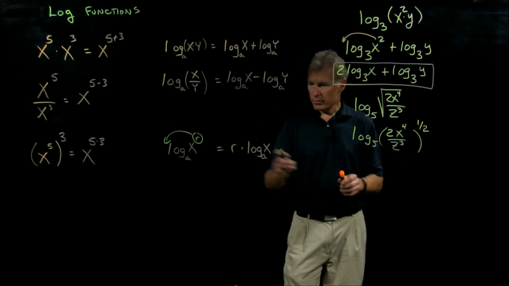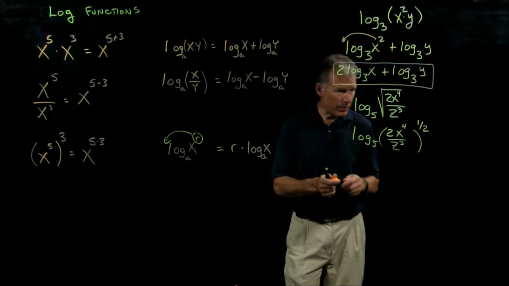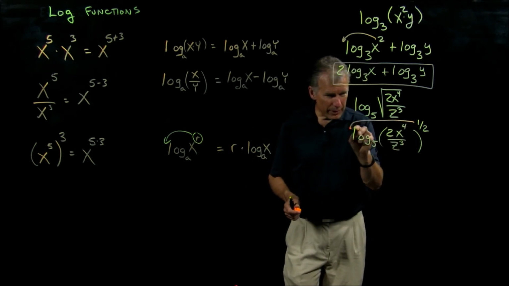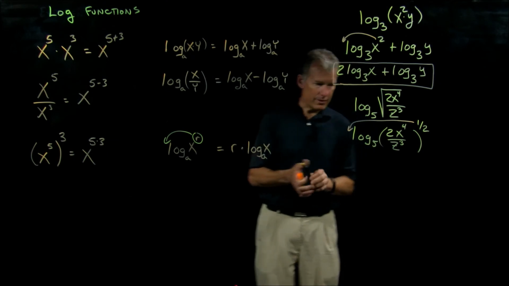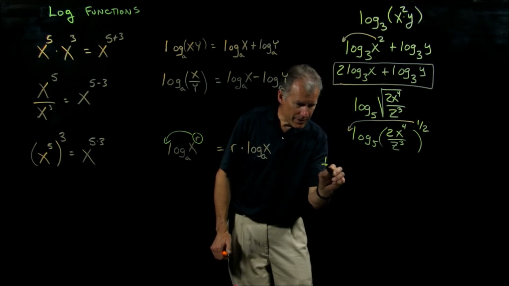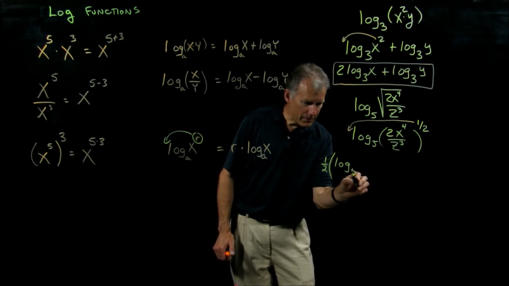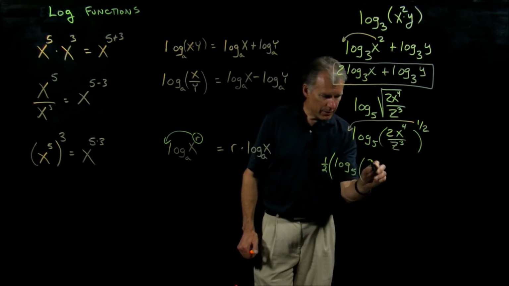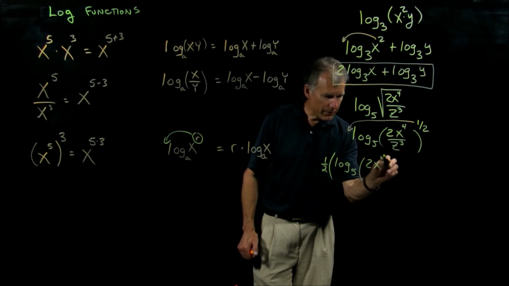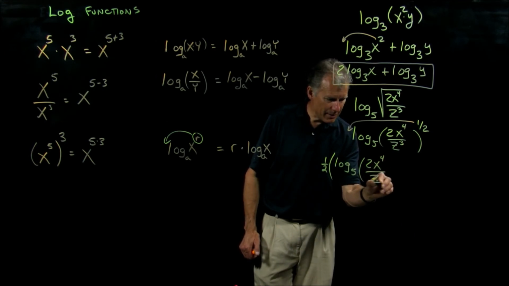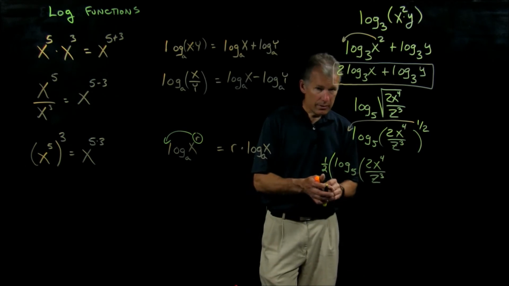Okay, so if we start off by using this log property here, I can bring that 1/2 out front. So this is the same as saying 1/2 times, in fact, I'll use some parentheses here, log base 5 of 2x to the 4th divided by z cubed.